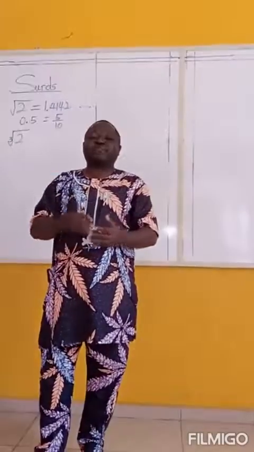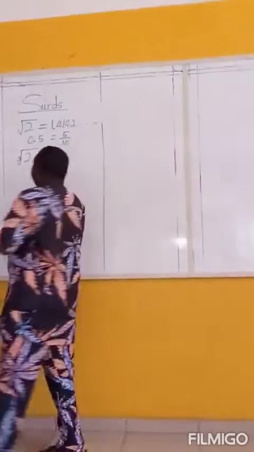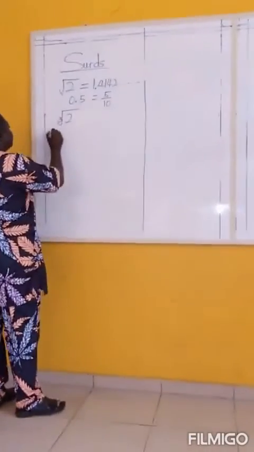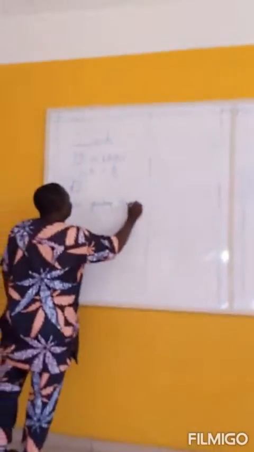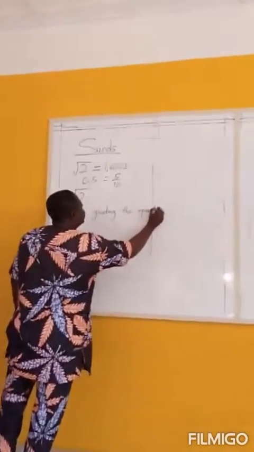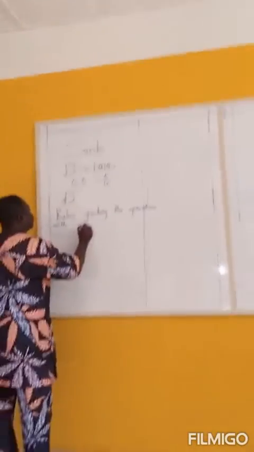So let me itemize the rules one by one. Rules guiding the operations with surds.